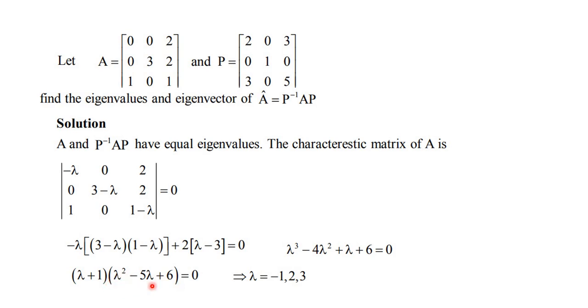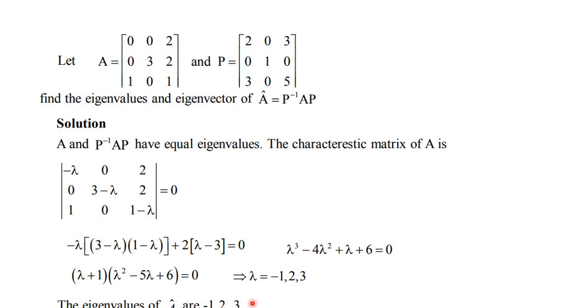That factors as lambda minus 2 into lambda minus 3. So lambda plus 1 into lambda minus 2 into lambda minus 3 equal to 0. So lambda equals minus 1, 2, 3. So the eigenvalues of A are minus 1, 2 and 3.